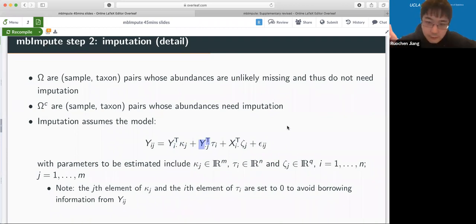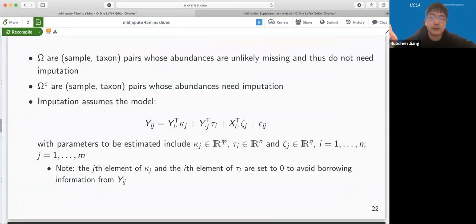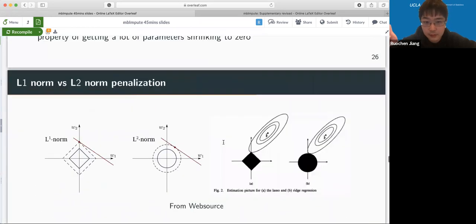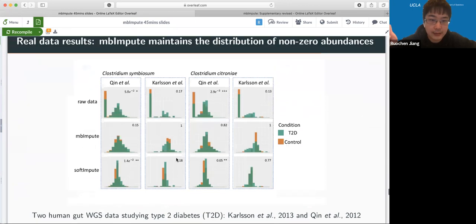However, as I mentioned with the Netflix data challenge, the most successful method is matrix factorization. And the method I compare with, soft impute, is a very famous method, and this one is also based on matrix factorization.